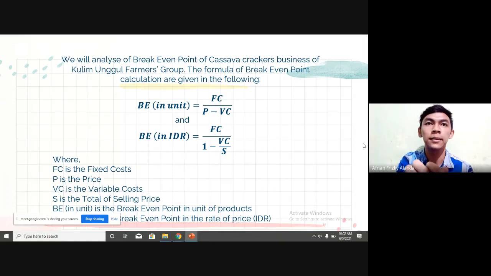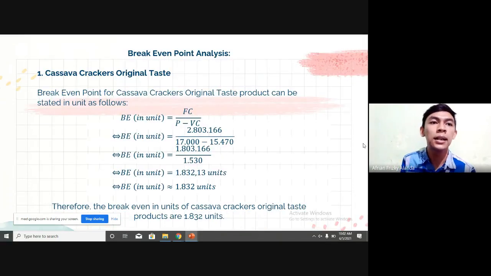Okay, next. The next is the analysis of the cassava crackers original taste. The break-even point for cassava crackers original taste product can be stated in unit as follows. We use the formula of break-even in unit, that is FC divided by P minus PC.